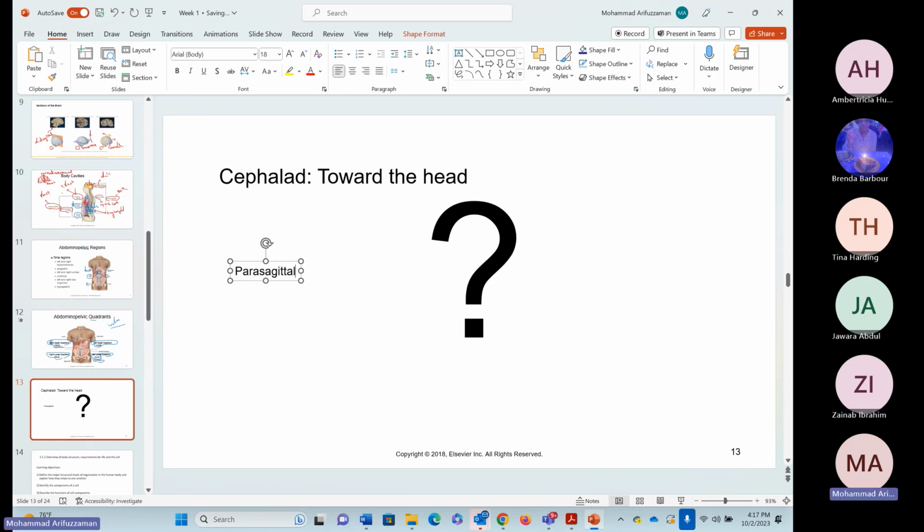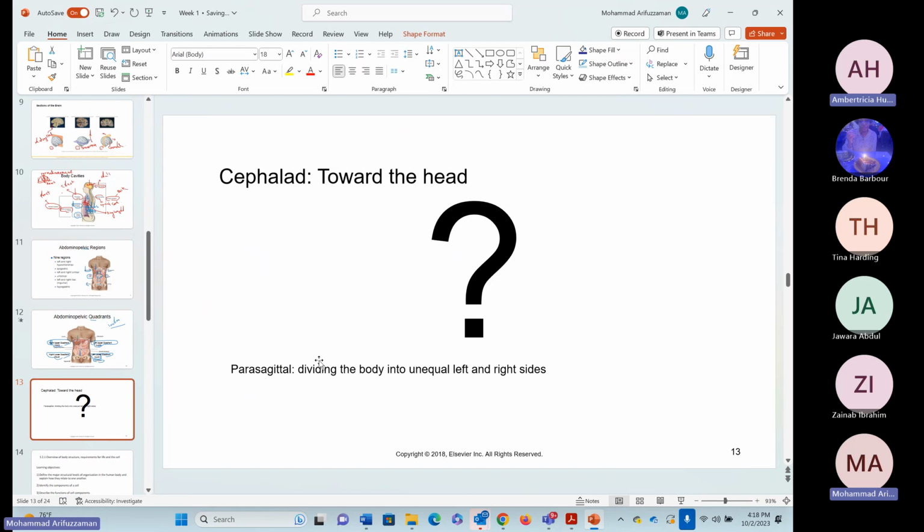The parasagittal means dividing the body into unequal left and right sides.